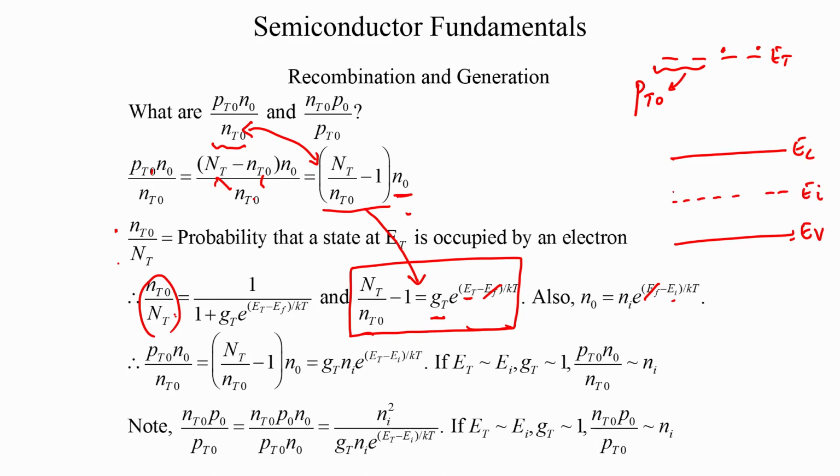If these traps, the RG centers, are all located close to mid gap, so let us say ET is approaching EI, EI is slightly off mid gap by a factor of KT by 2 logarithm of the NV and NC ratio, and if ET approaches EI, ET minus EI will approach 0.